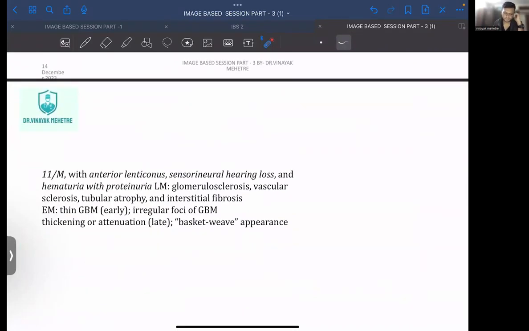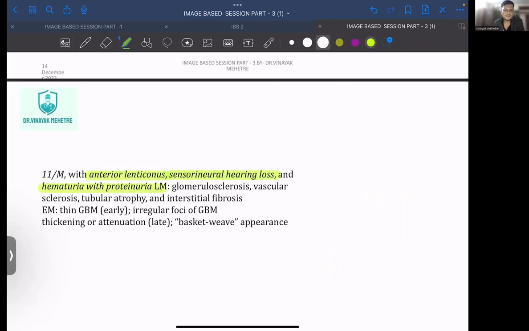Try to answer this. Hematuria with proteinuria, that means it is nephritic syndrome, anterior lenticonus and sensory neural hearing loss.